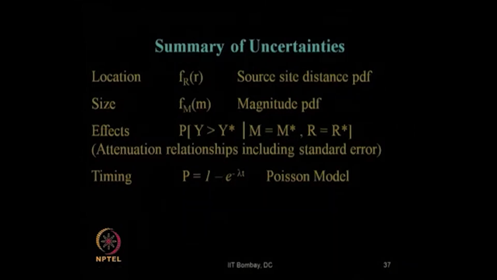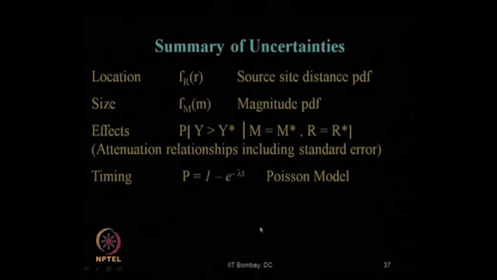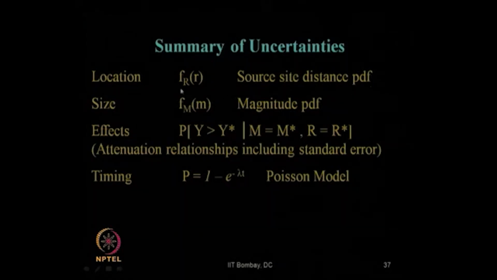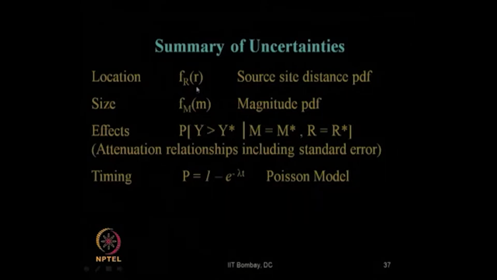Now, if we look at the summary of all these uncertainties, what are the various uncertainties we have already discussed? We have discussed the location uncertainty, that is the source to site distance, which we expressed in terms of a probability distribution function, f_R(r). Like we have seen the histograms of various distances, and we have divided and given various weightage to them.